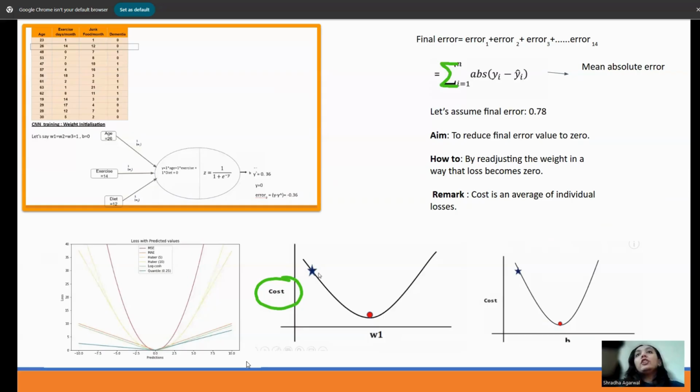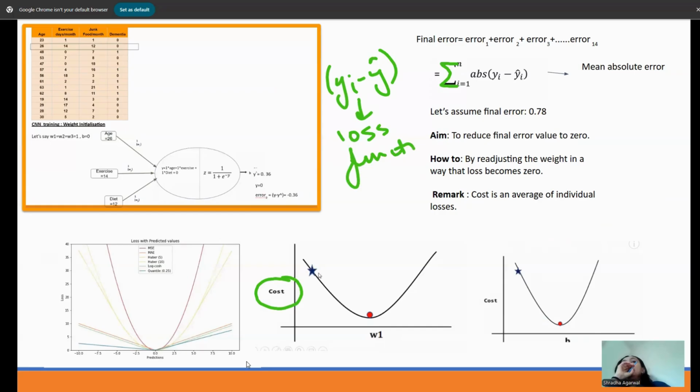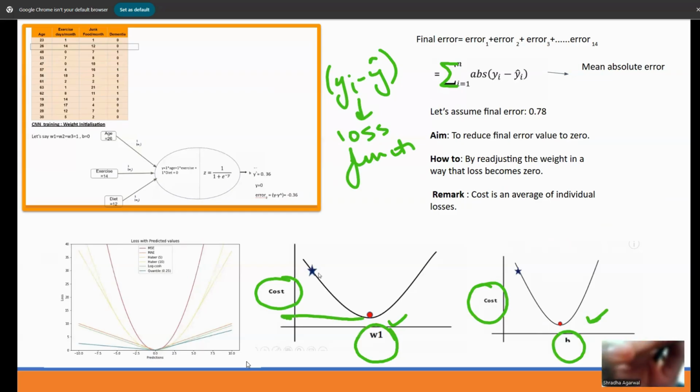And if it was individual y minus y hat, it was a loss function. Now I can plot cost function with respect to W1 and cost function with respect to B. And the idea is I want W or B such that my error becomes 0 or my error becomes minimum.